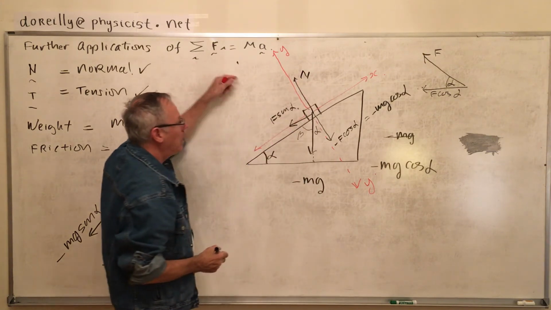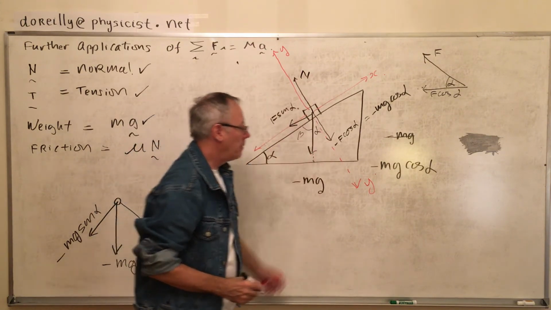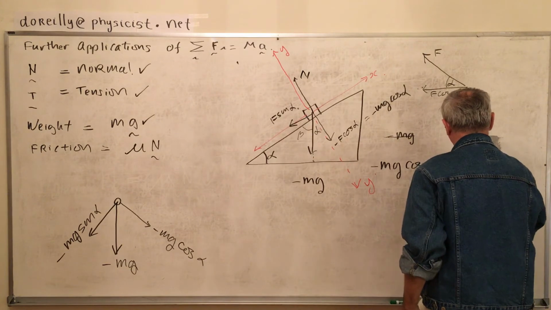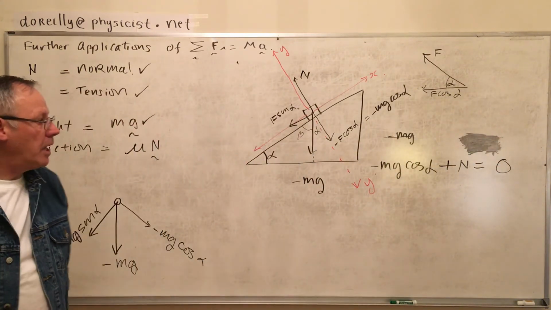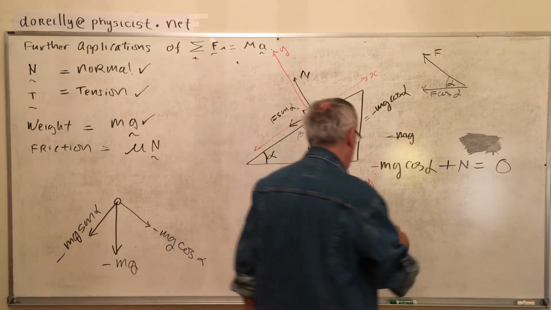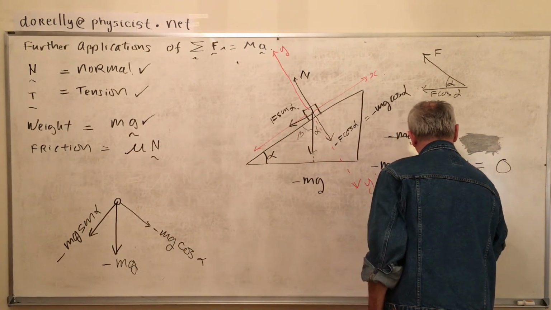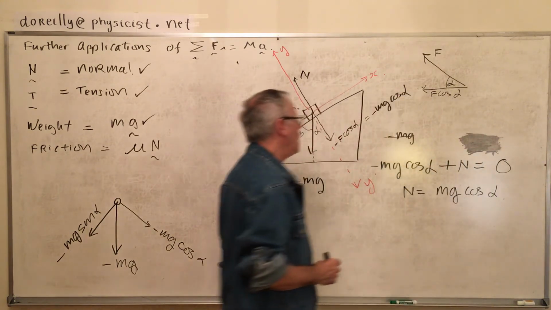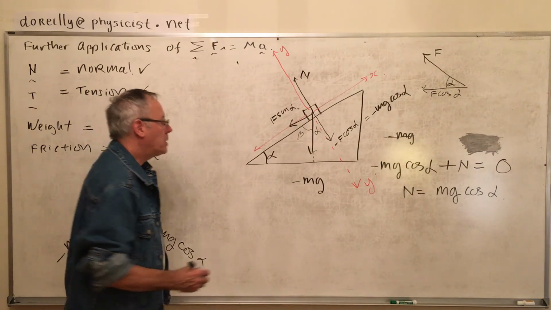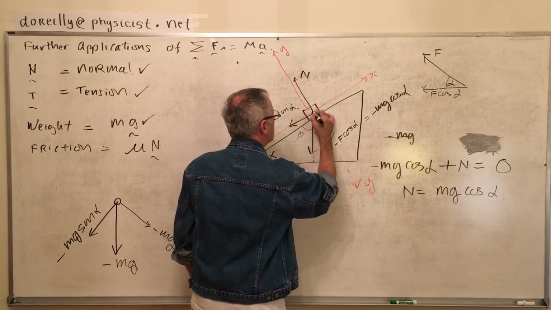The normal force is now following this angle. But there is no acceleration in the vertical direction. So I can write down N is mg cosine alpha.